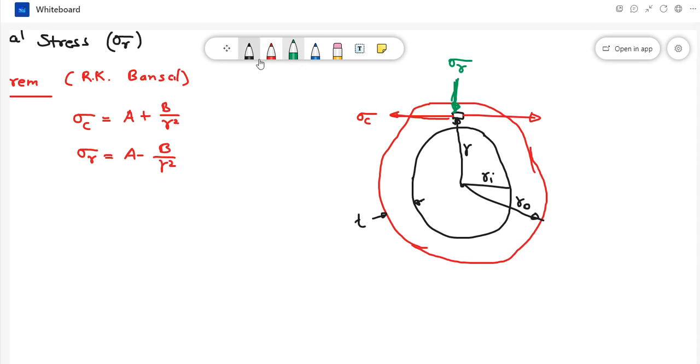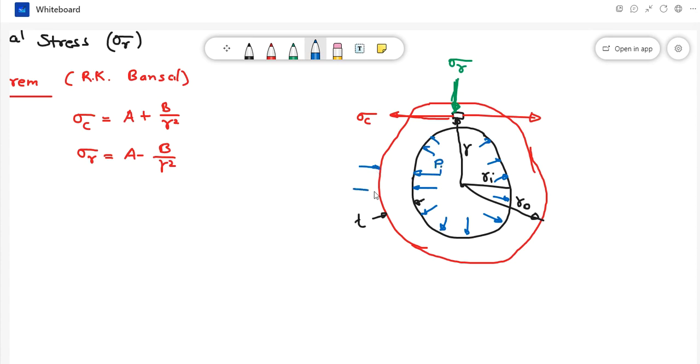Now let's take this cylinder is subjected to some inner fluid pressure, and that I am assuming Pi.